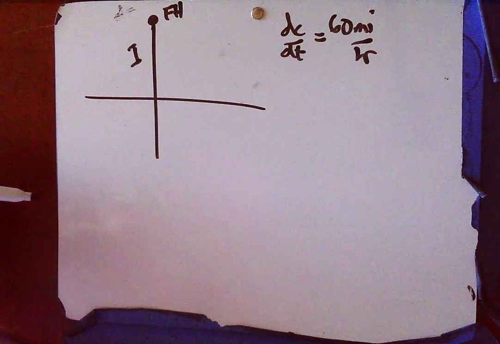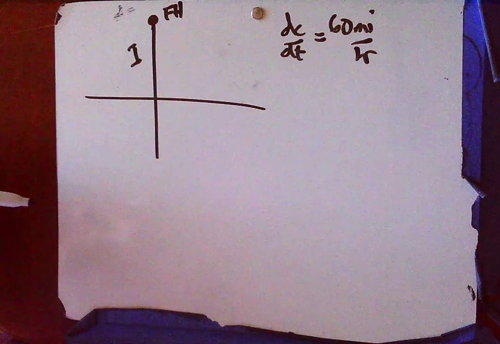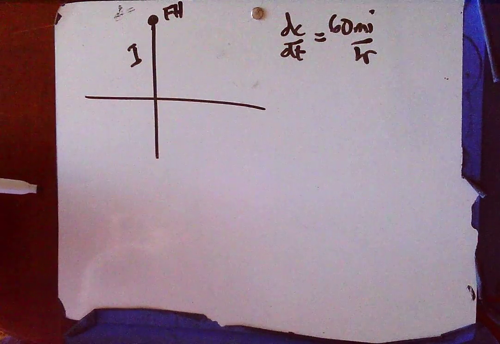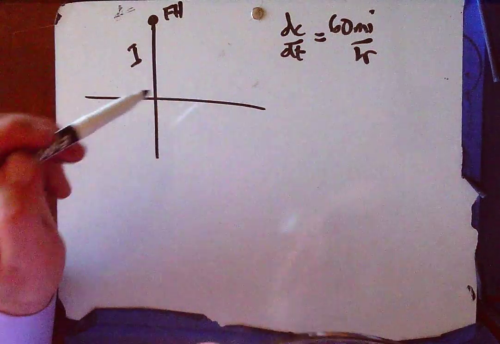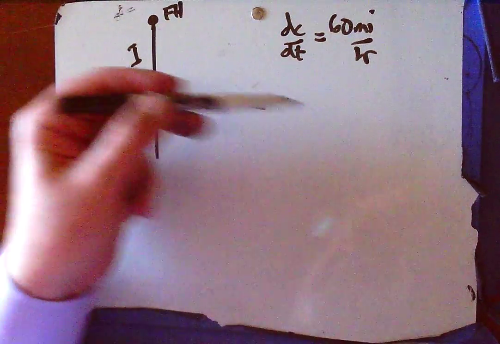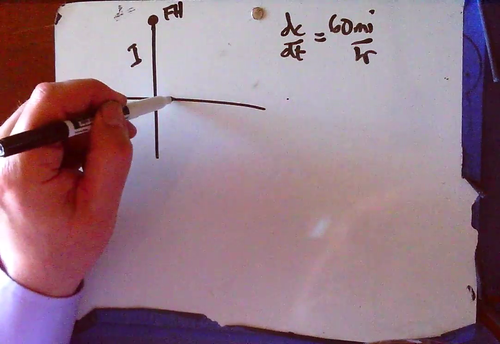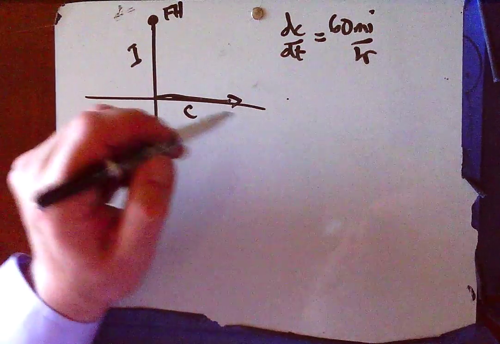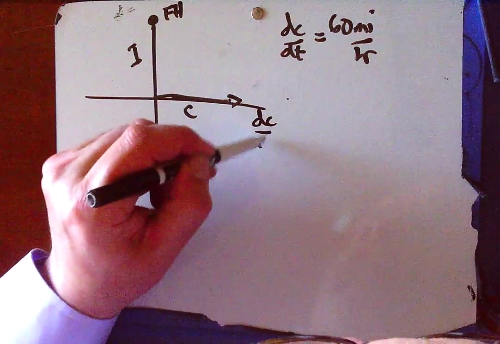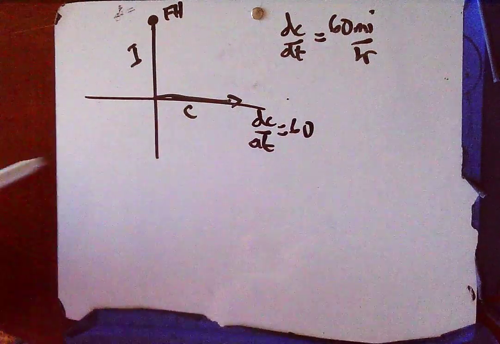How fast is the distance between the car and the farmhouse changing when the car is 3 miles east of the intersection, heading east? This is east over here, so we're east of the intersection, heading east. There's our car, and we know dC/dt is 60.